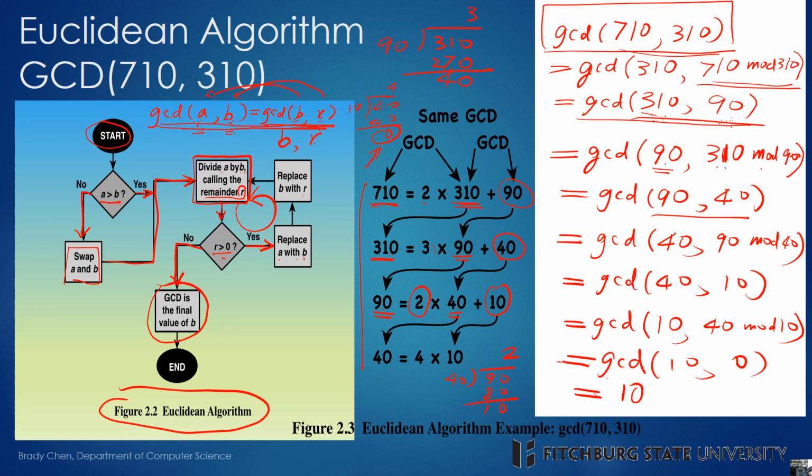Then we turn the problem into finding the GCD of 40 and 10. Then we divide 40 by 10 and get remainder 0, so 10 is the greatest common divisor.